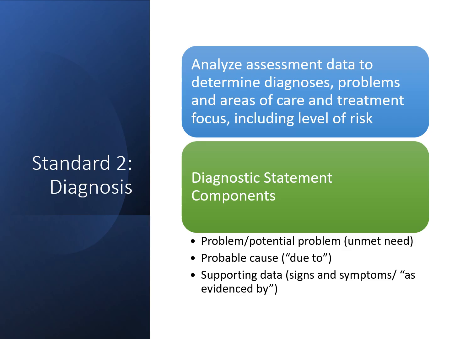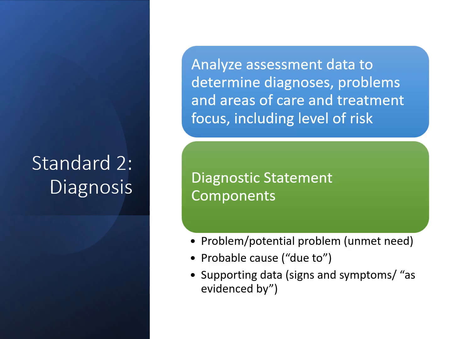We're going to look at a problem, and that problem is going to be an area of concern, an area of care rather. We're going to provide our treatment based on our assessment, and also we're going to include levels of risk as well. So the diagnostic statements, again, components of your diagnosis could be a potential problem or it could be an actual problem.